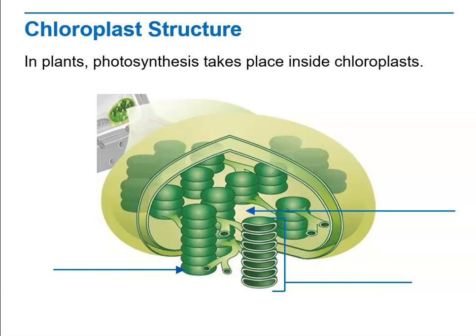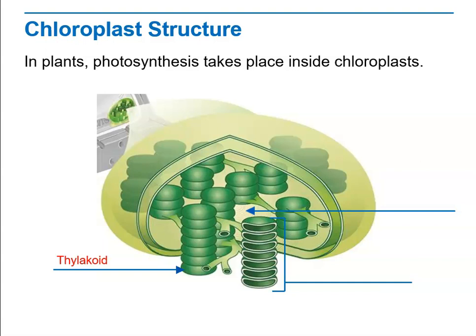Chloroplasts contain an abundance of sac-like photosynthetic membranes called thylakoids. Each one of these little sacs is called a thylakoid. Thylakoids are connected to each other and arranged in stacks. You can see the stacks here.